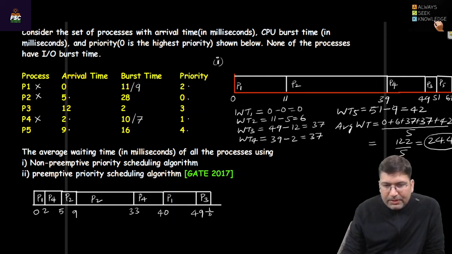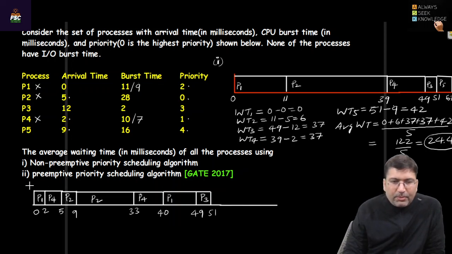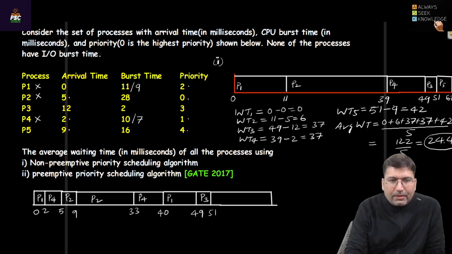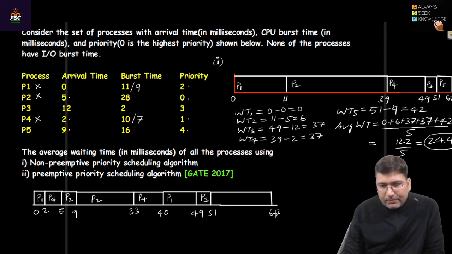By 51, P3 will be terminated. And from here onward, the remaining process will execute. The remaining process is P5 only. So P5 will start executing here and P5 is requesting 16 cycles. So from 51 till 67, P5 will be executing.